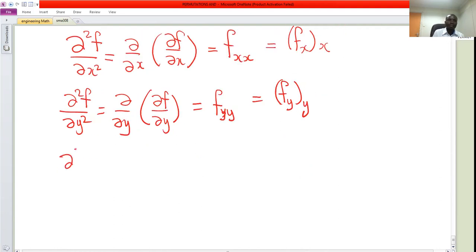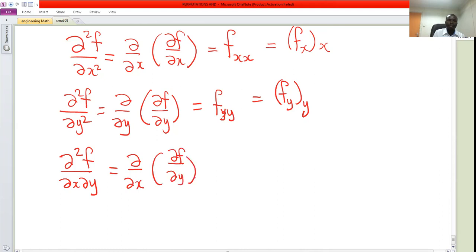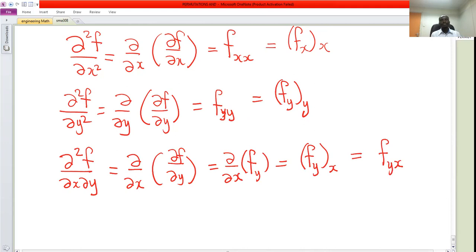And for mixed partial derivatives, partial squared f partial x partial y means partial x of partial f partial y, which is the same thing as saying partial x of f sub y, which is the same thing as writing f sub y, and then x, and this is the same thing as writing f y x.